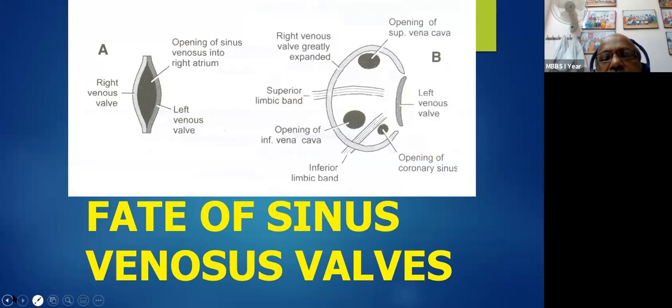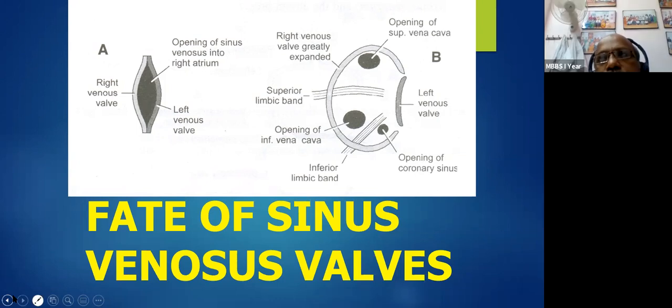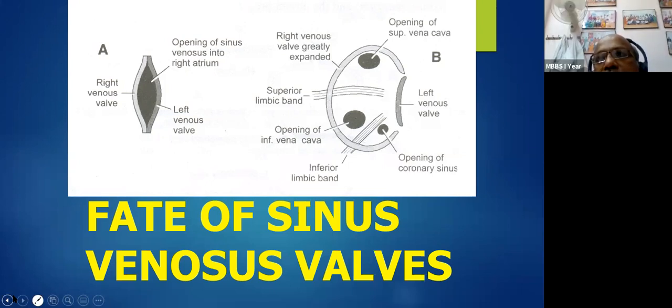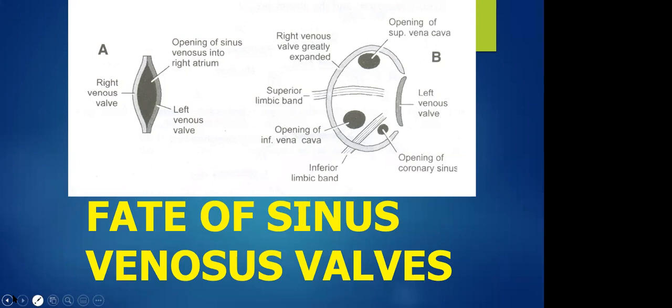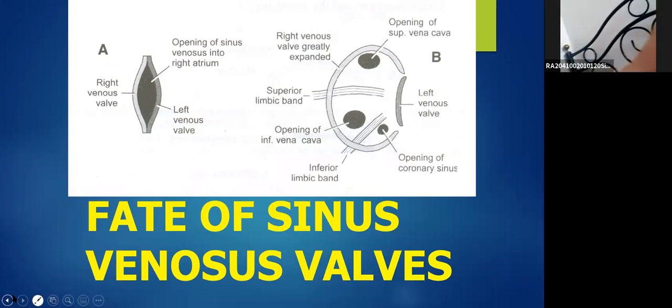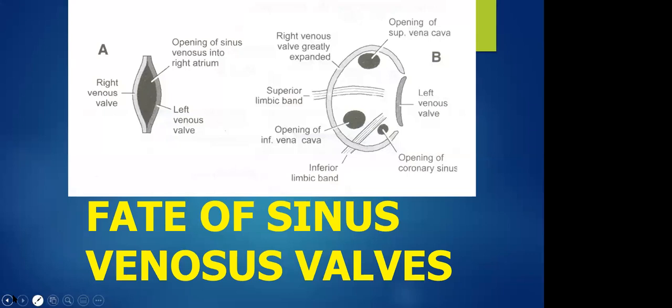Is there any structure separating the anterior rough part and the posterior smooth part? Yes, sir, crista terminalis.